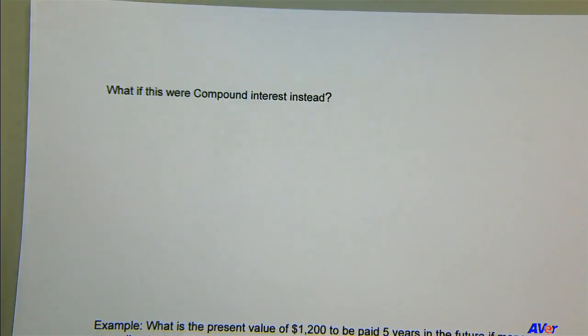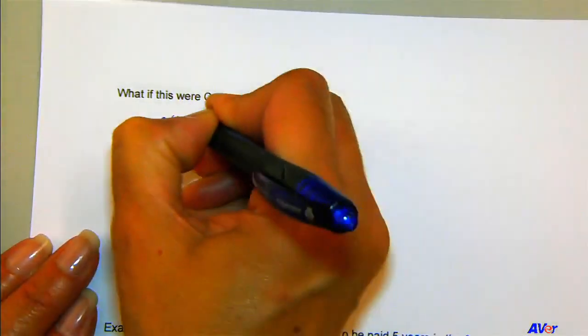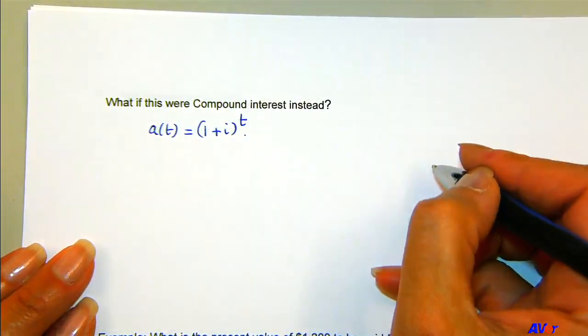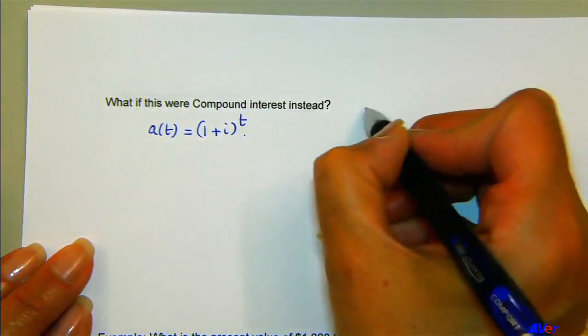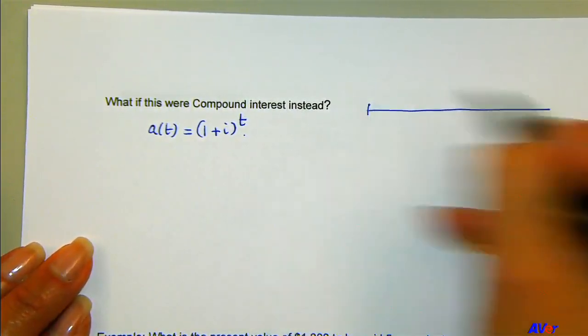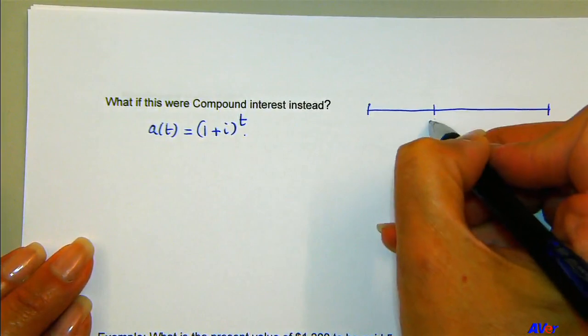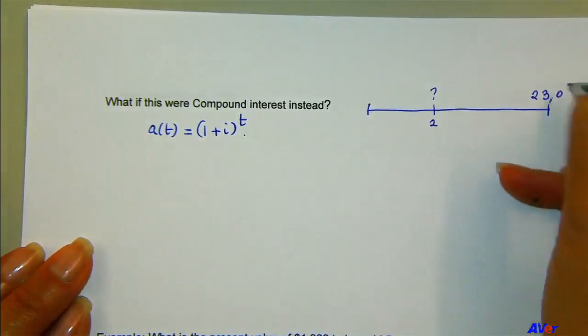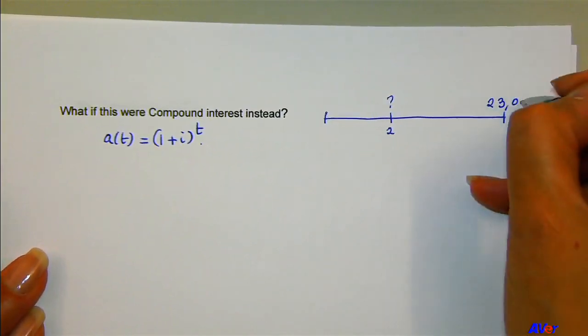Well, wouldn't the only difference be that A of t would be 1 plus i to the t instead of 1 plus it? A of t is equal to 1 plus i to the t. Okay, any other differences? Again, my question is this: how much should I invest at time 2 to have 23,000 at time 5?